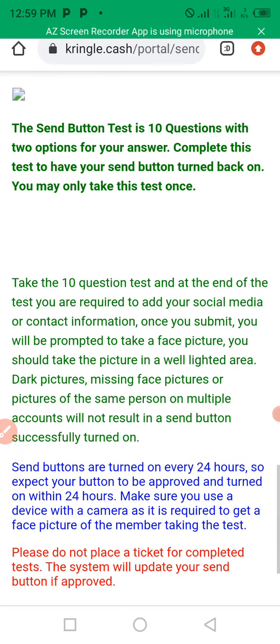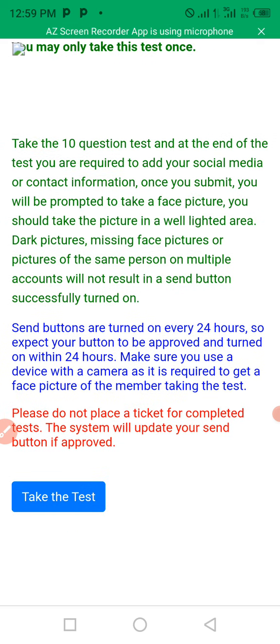So by the time you want to take your test, make sure you are well dressed up, and you are in a very lightened area. So don't stay at a dark place because your face will be needed to take the snapshot of your face by the time you are taking this test. So let's go on.